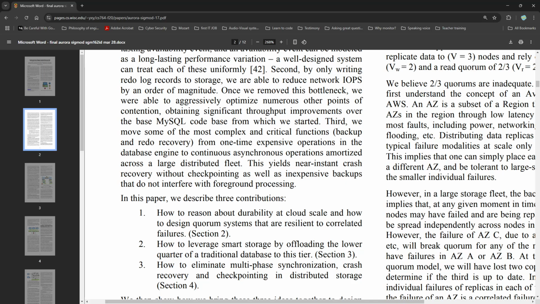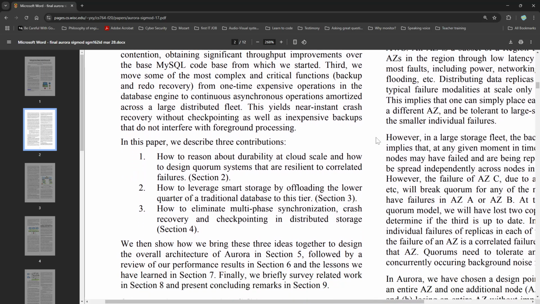Third, we move some of the most complex and critical functions like the backup function and the redo recovery function from being one-time expensive operations in the database engine to continuous asynchronous operations amortized across a large distributed fleet. This yields near-instant crash recovery without checkpointing, as well as inexpensive backups that do not interfere with foreground processing.